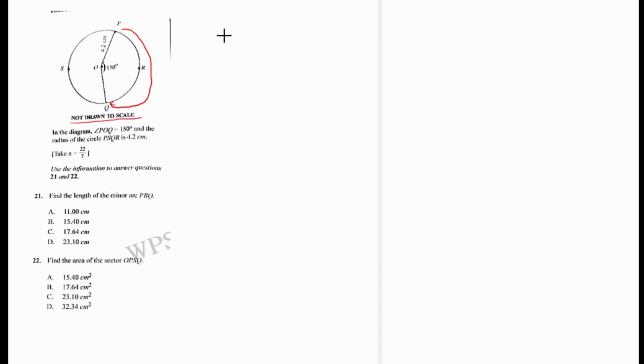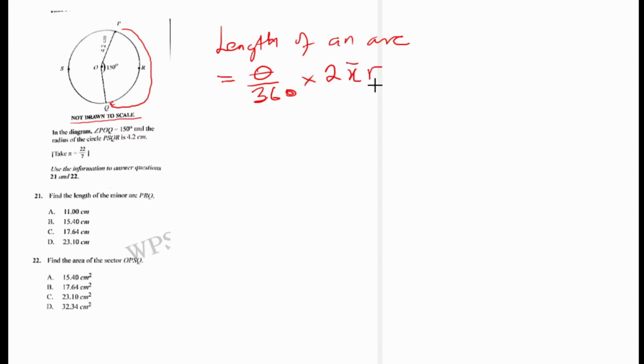So let's write a general formula as the angle theta over 360 times the circumference of a circle, which is 2 pi r, where r is the radius of the circle. In this case, we know the angle the arc subtends at the center, and that is 150 degrees.